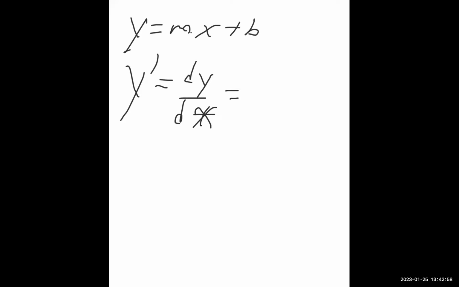Well, mx, if you take the derivative of that, looks like m. The derivative of b, it's just a constant. Turns out that derivative of any constant is 0. So that means the derivative of this line is m, which is your slope. So that means if you take the derivative of any curve, you get its rate of change.